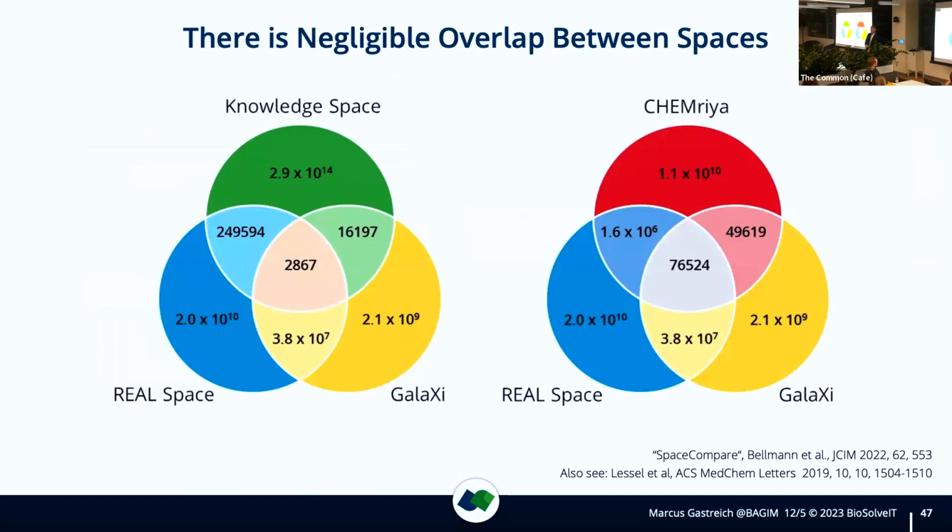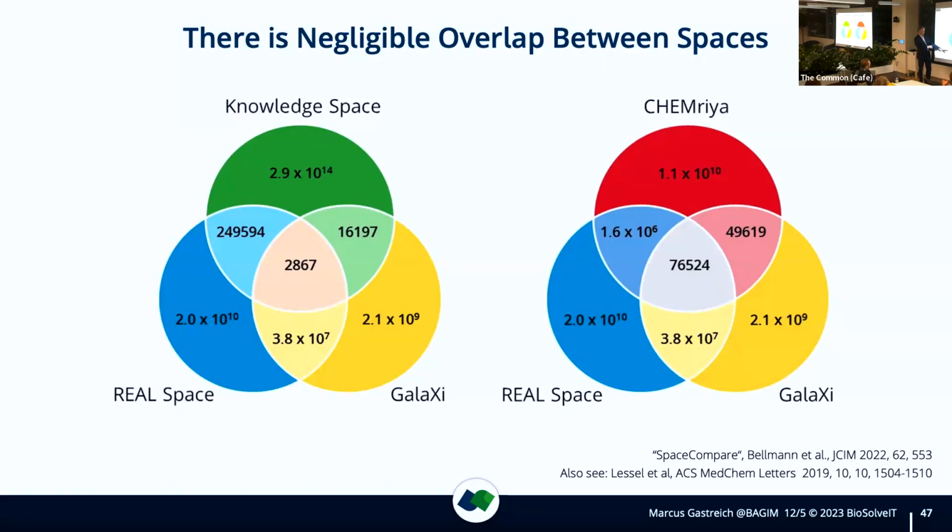Then a question that I hear very often: don't they overlap? They are so big, there must be tons of similar stuff in there. No, definitely not. A student in Matthias Rarey's group wrote a helper tool that does this space comparison, where you can check how much overlap is really in there. We were hoping and thinking that it was small, but that it is that small, we were really amazed.